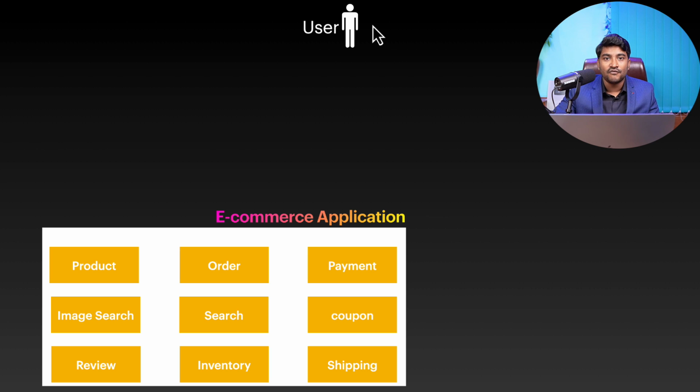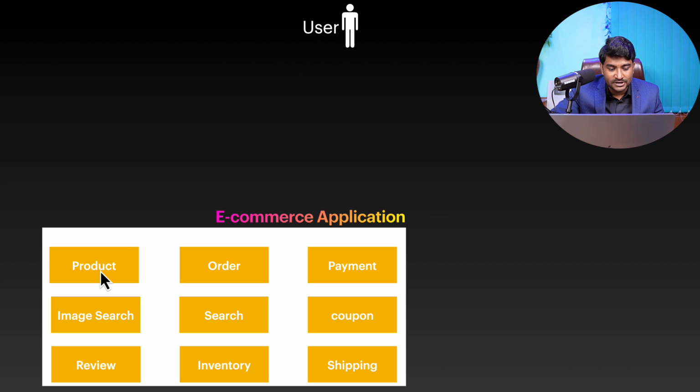But here we will introduce a gateway or a proxy or what we call a strangler facade in between the user and the e-commerce application, and we'll let the request flow through that proxy to our monolith application. But what advantage will we get with this approach?